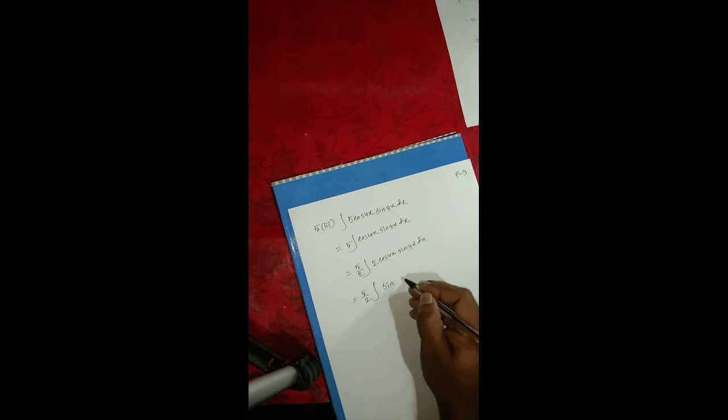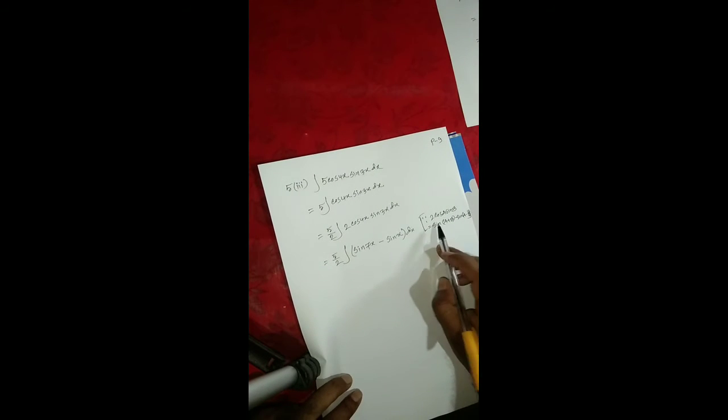Integration of sine a plus b, here 4x plus 3x, that means 7x, minus sine a minus b, that means 4x minus 3x is equal to only x, whole dx.